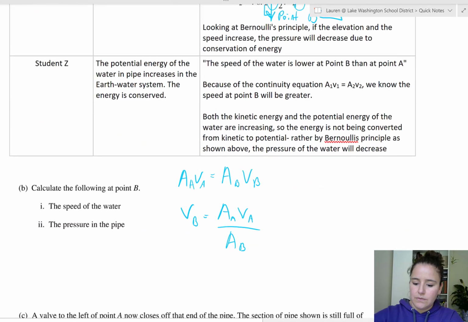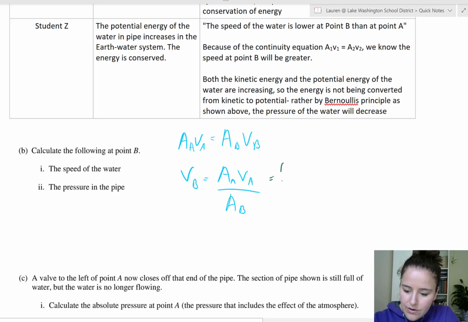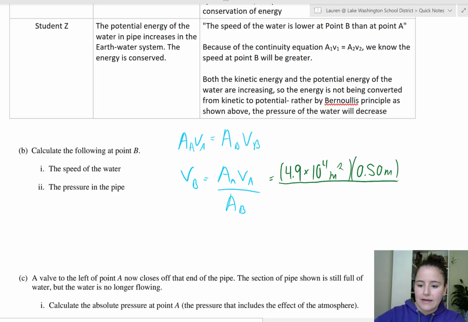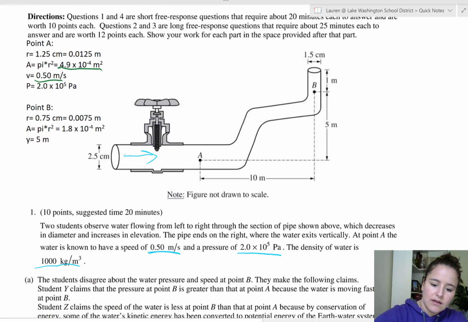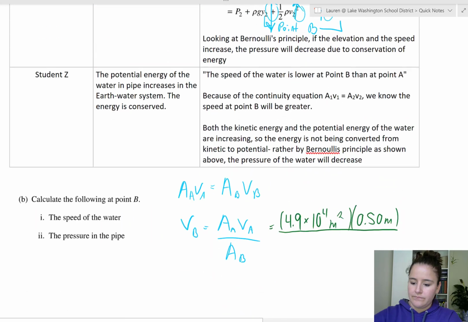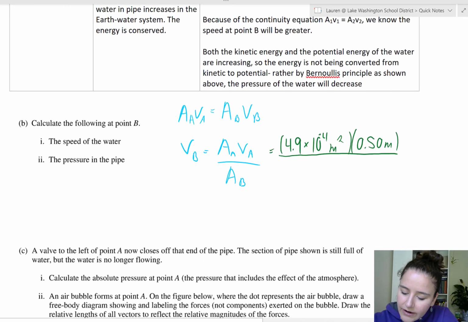So we have 4.9 times 10 to the fourth meters squared times the speed, 0.50 meters per second, divided by the area at point B, which is 1.8 times 10 to the negative fourth. I forgot the negative there. 1.8 times 10 to the negative fourth meters squared.